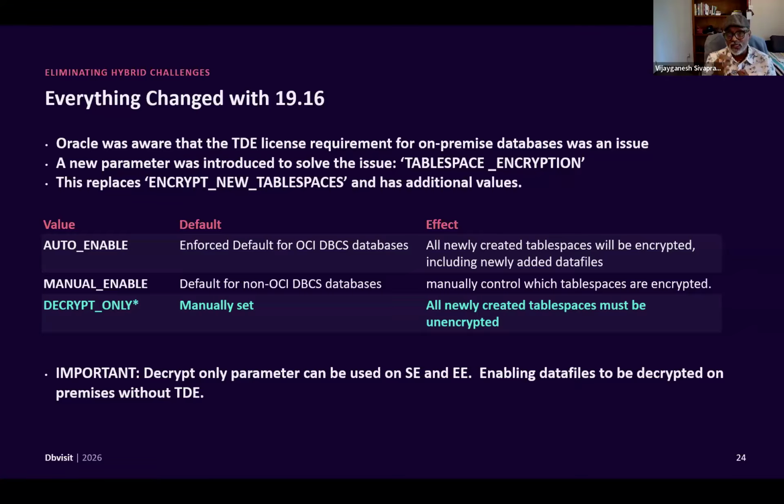This ensures you don't end up with mixed systems where your on-premise system has both encrypted and unencrypted files, and at the same time you're not violating any license agreements from Oracle. The decrypt only parameter can be set for both Standard Edition and Enterprise Edition, so it helps you decrypt tablespaces and data files on your on-premise systems without any TDE requirements.